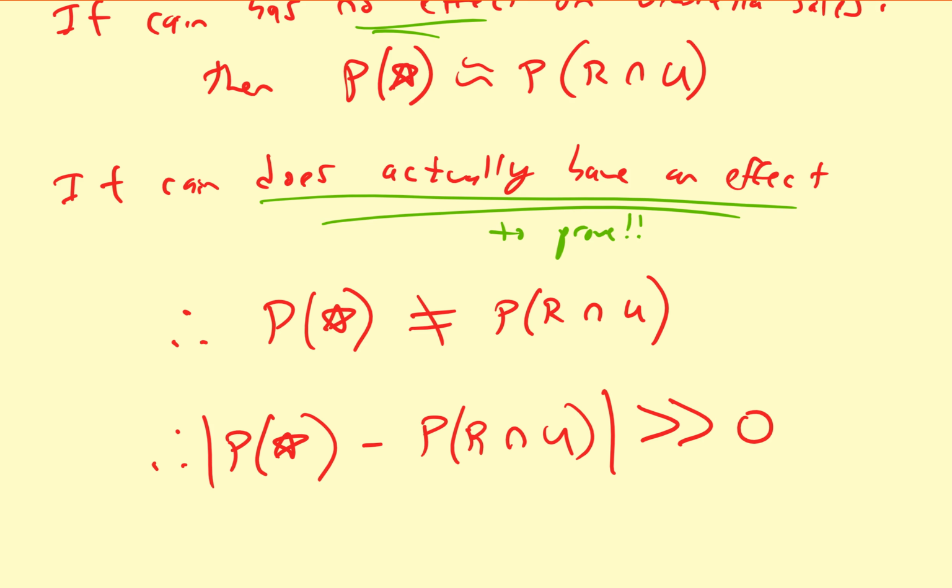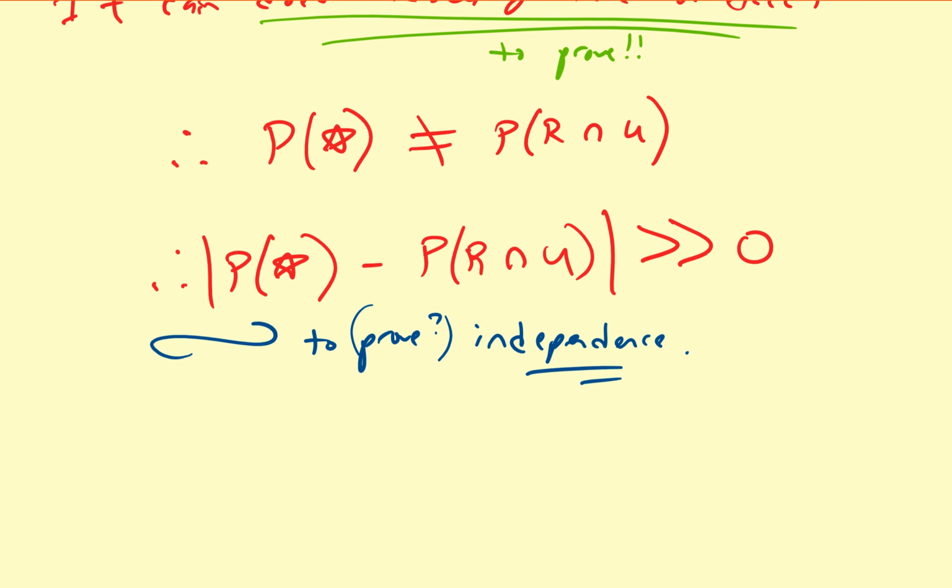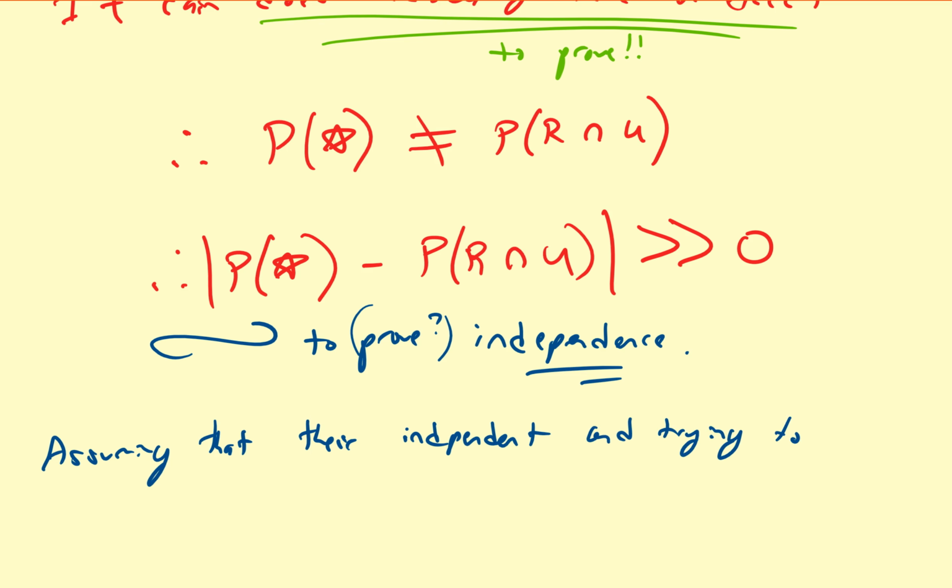That's what you're trying to prove. That's an experimental design for proving dependence, because what you're pretty much doing in that experiment is assuming that they're independent, and trying to gain a numerical contradiction.